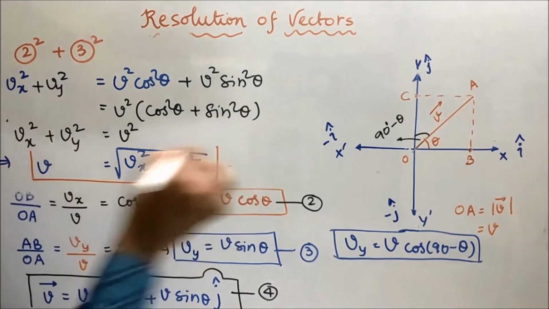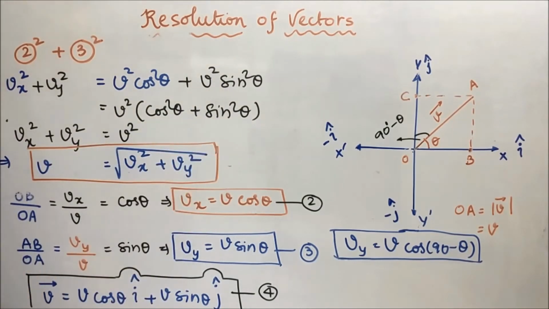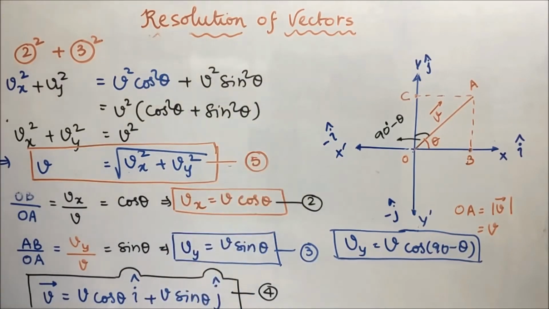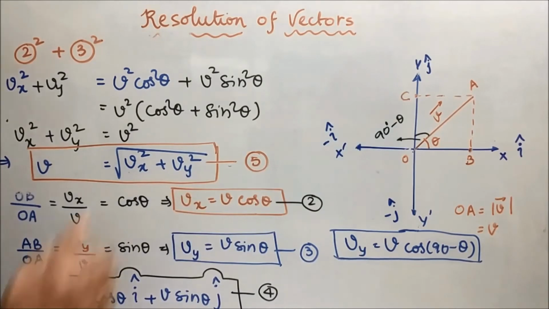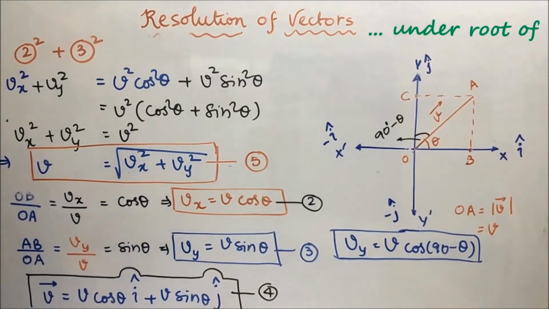So here we have got the magnitude of v in terms of its components. How much is that? Vx square plus Vy square. You have to remember these things. This will make the analysis very simple. Remember, v is magnitude of vector v. How to get it? Horizontal component square plus vertical component square.